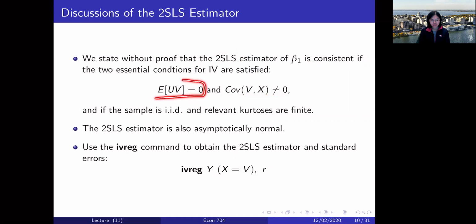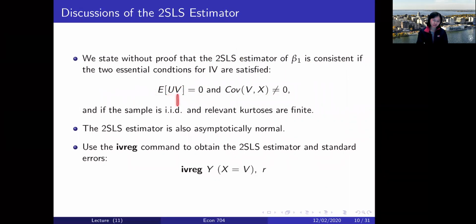Clearly, the exogeneity condition of IV should be satisfied. So the IV, V, is the instrumental variable. The instrumental variable should not be correlated with the structural error, the error in the Y equation.